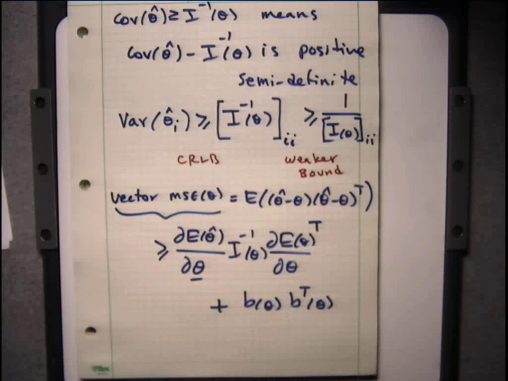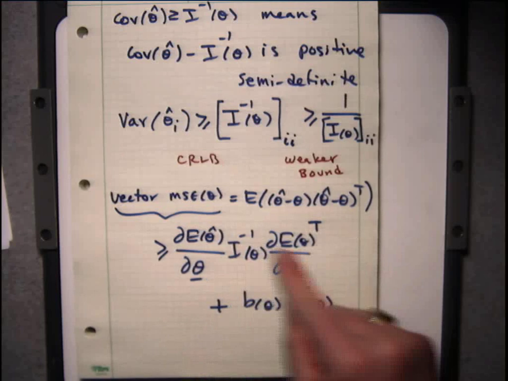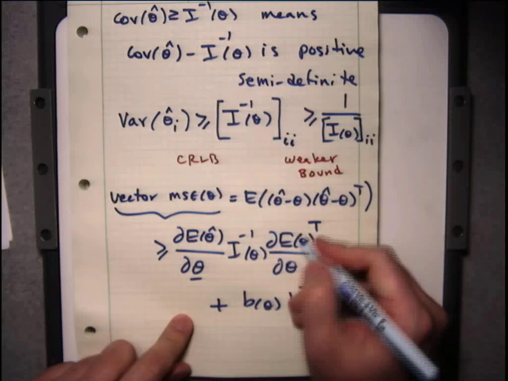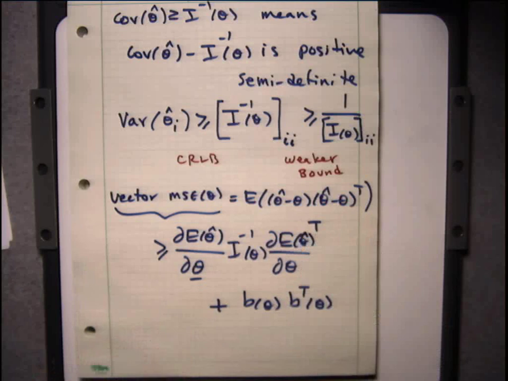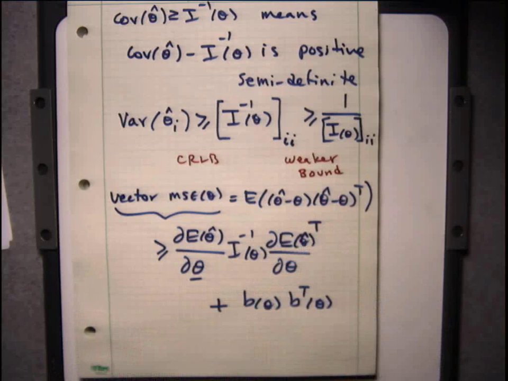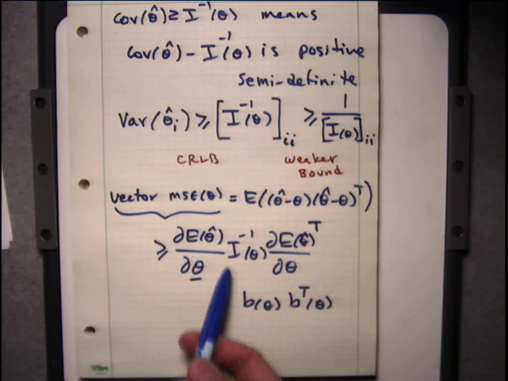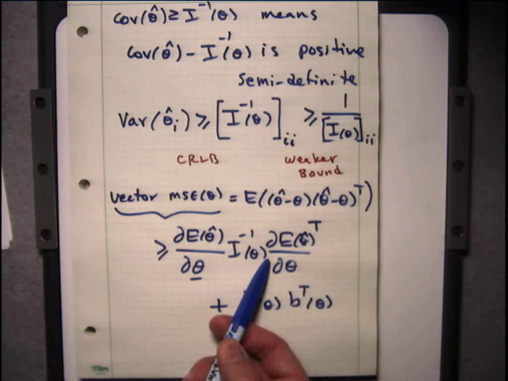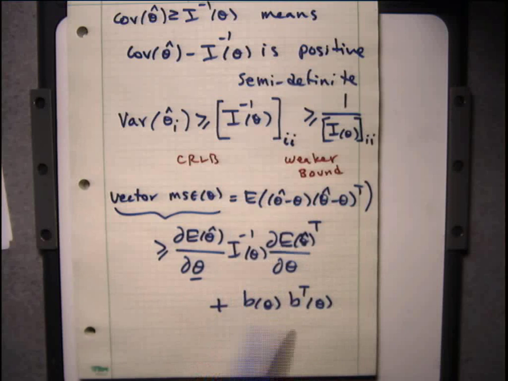In the scalar case, we had the Fisher information in the denominator, and the square of the derivative in the numerator, and then we had b squared added. Bottom line is that when you have a biased estimator, your lower bound on the mean squared error depends not only on the Fisher information matrix, but also on the bias and the derivative of the bias.